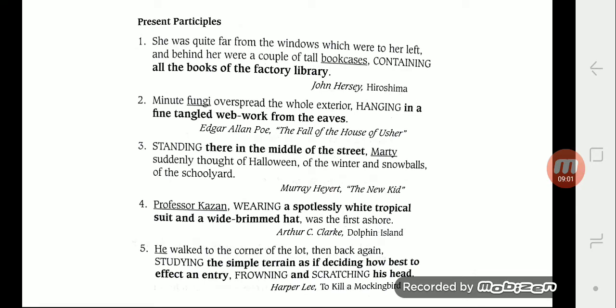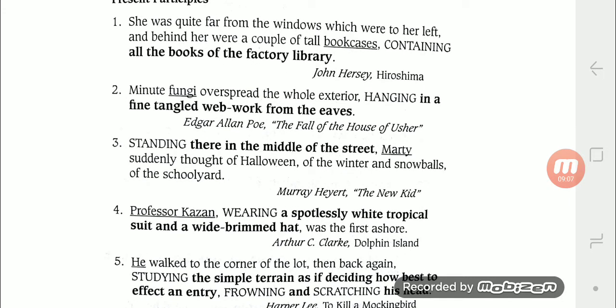All right, I want to keep going through this, but this gives you some examples. The main thing is that each of these participle sentences starts with that -ing word. So every participle phrase starts with an -ing word. Minute fungi overspread the whole exterior, hanging in a fine tangled web work from the eaves.